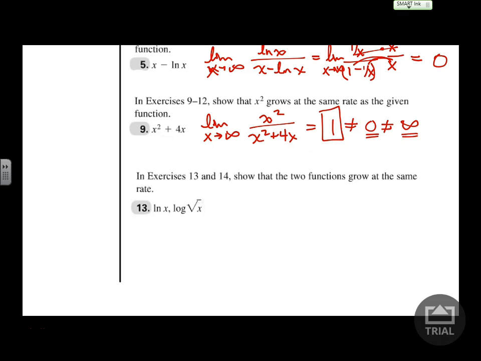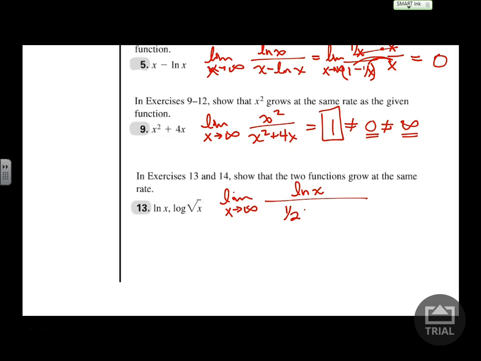How do we show the two functions grow at the same rate? Change of base formula. That way you can pull the ln of 10 out of the limit. So on top we could do our ln of x, that's just ln of x. Why am I bringing a 1/2 in front before I even change the base? Yeah, the square root. So square root to the 1/2 power, bring the 1/2 in front.